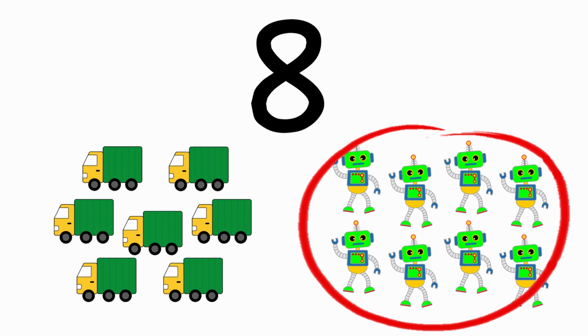There are 8 robots. Great work. Hey, I heard the R sound at the beginning of robots. Did you hear it? Listen, robots. That means robots starts with our letter of the week. It starts with the letter R.